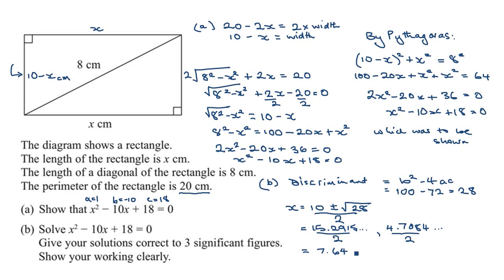So I'm rounding up 645 dot dot dot, but 646 to 3 significant figures. Or x equals 2.3542, so 2.354 to 3 significant figures.